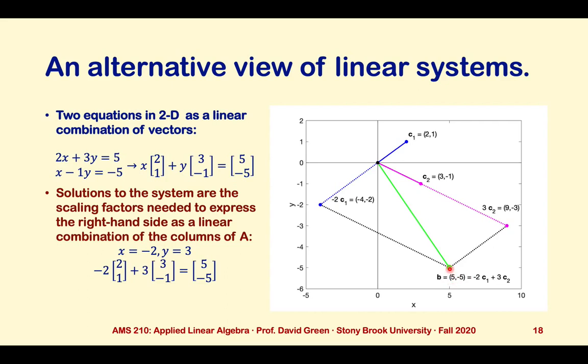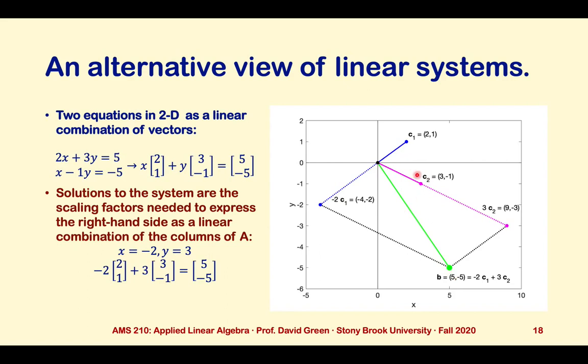What does it mean to add together a scalar multiple of (2, 1) and a scalar multiple of (3, -1) to get this? It means we need to be able to write a parallelogram that has one side along C2, another side along C1, and that when we connect from the origin to the corner of that parallelogram, we get the answer.